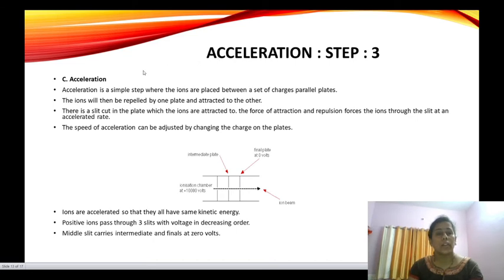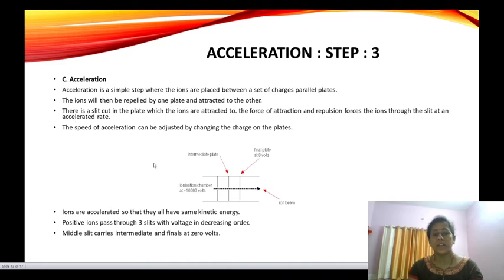Now, in step 3, the ions are ionized. What is the next step? The acceleration is a simple step where the ions are placed between a set of charged parallel plates. Here these are parallel plates, and the ions are repelled by one plate and attracted to the other plate.